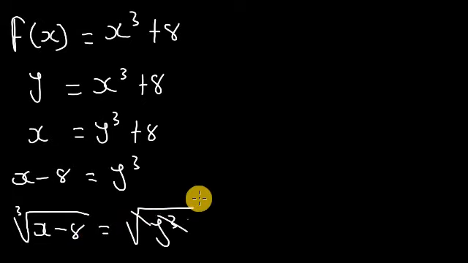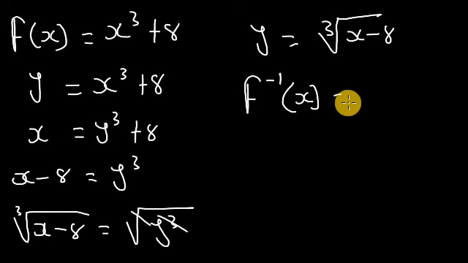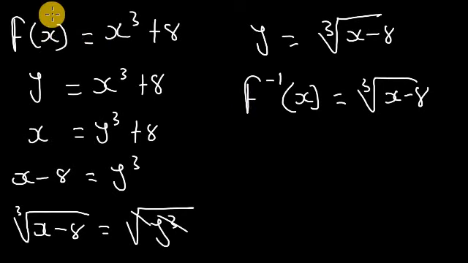So these can cancel, and I should have y equals cube root of x minus 8. So finally, my final result as the inverse of the function will be cube root of x minus 8. And this is my final answer.